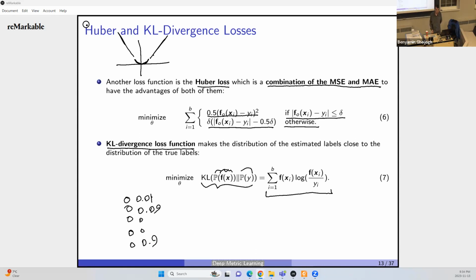The probability of y is the target, the one-hot encoded target label. So for example, it is 0.0001, right? So I have this probability distribution and this probability distribution. I want this to be very similar to the target. Minimize the difference between them, right? So I minimize the KL divergence. I can do that too.